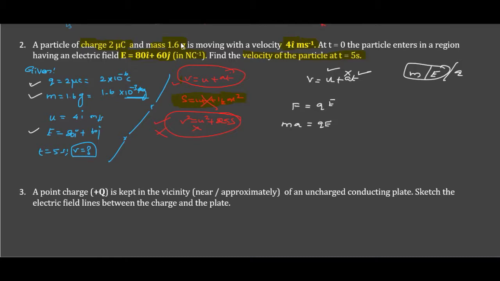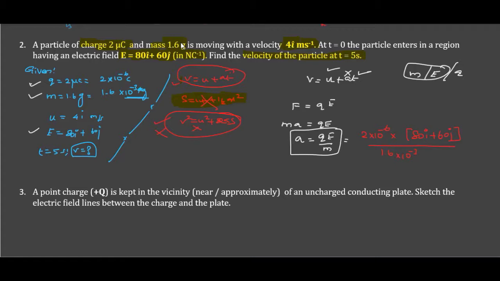So acceleration A equals QE divided by M. Now we fill in the given information. The charge is 2 into 10 power minus 6, the electric field is 80i plus 60j, and the mass is 1.6 into 10 power minus 3. After that we have to multiply.